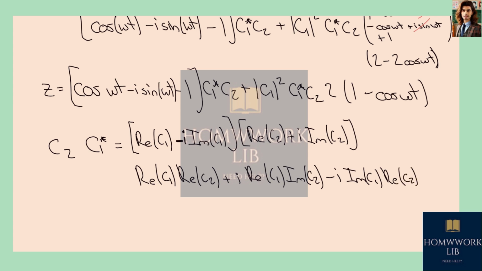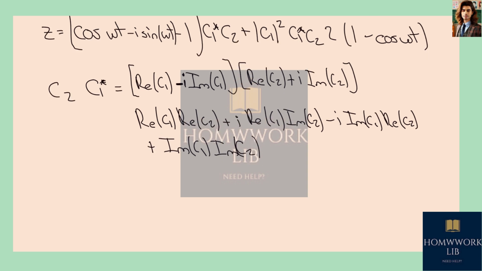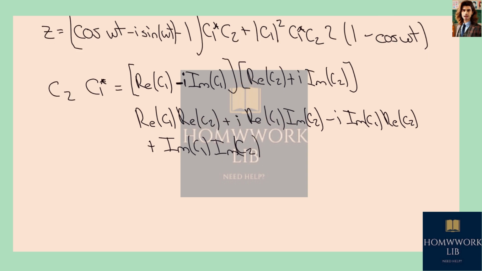And finally, minus and plus is going to be minus, but I squared is going to count for a plus, the product of the imaginary parts of C1 times the imaginary part of C2. So now with this, what we can do with set is to factorize the C1 conjugate C2 factor that we have in common on both parts.